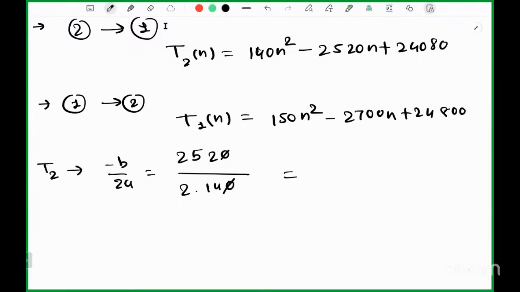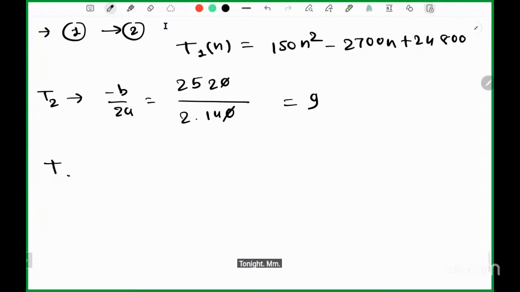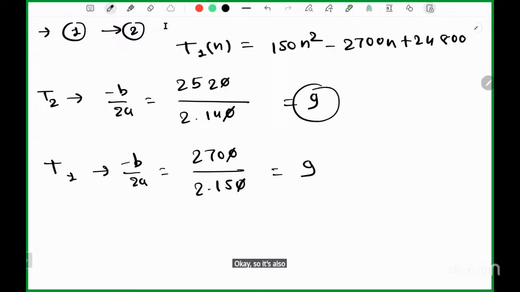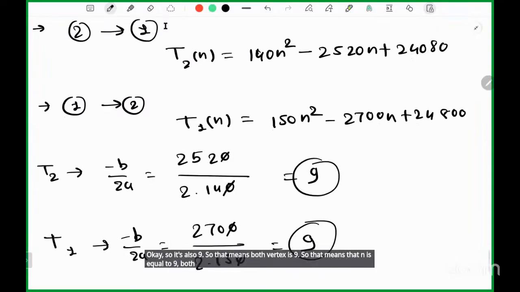That is 2520 divided by 280, it's 9. For T1, the vertex will be minus b by 2a, which is equal to 2700 by 2 into 150. Okay, so it's also 9. So both vertices are at 9, which means at n equals 9, both are getting the minimum value.